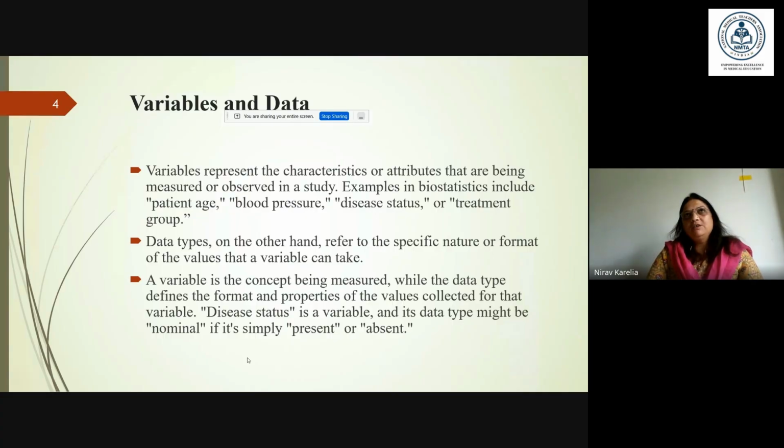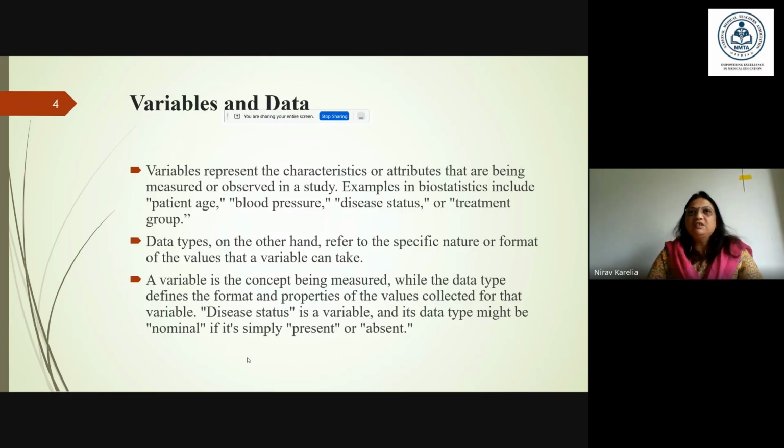This is a common scenario, because I come across my PG students also. They have a little bit of confusion about variable and data. A variable may be any characteristic or attribute which describes what is measured or observed in the study. For example, age, blood pressure, disease status, or treatment is my variable. Now the data type defines the nature of your variable. Suppose I take the example of disease status.